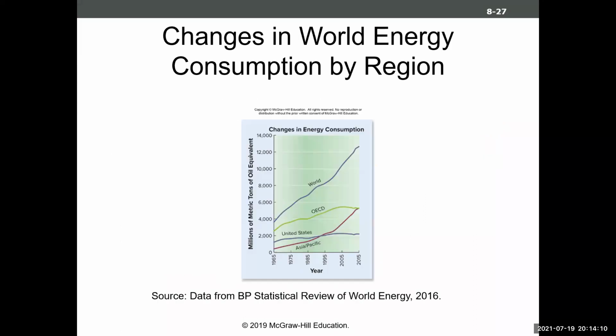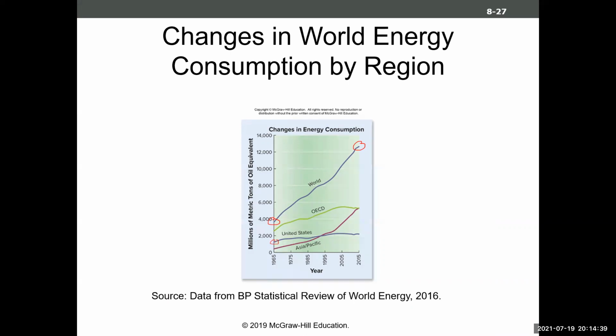And so if we look at the use of energy, you see the world from 1965 to 2015, substantial increase, right? Going from a little less than 4,000 metric tons to a little over 12,000, right? So about 3 times more. The United States we're using by ourselves, what's that?